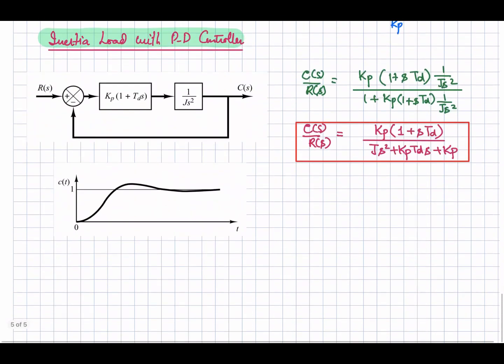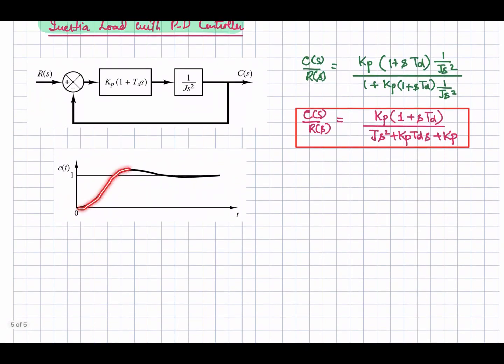Because of the damping, now you can see your response is going to become like that, right? That's the property of the derivative control action, that it introduces damping in your system. So you can adjust the response of your system with the help of the derivative action.